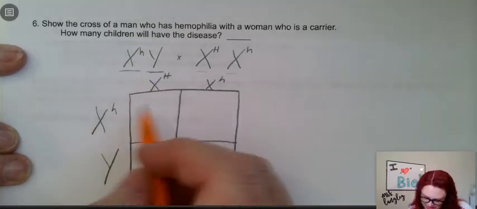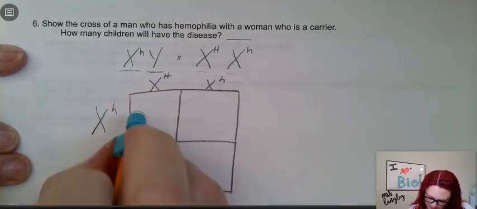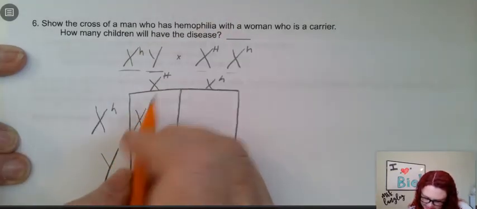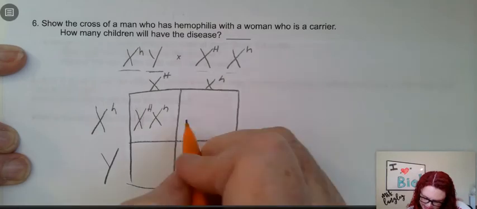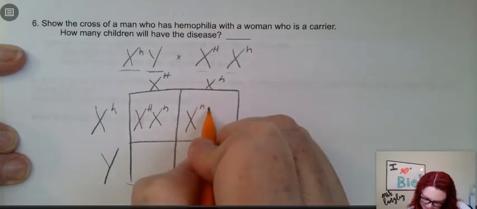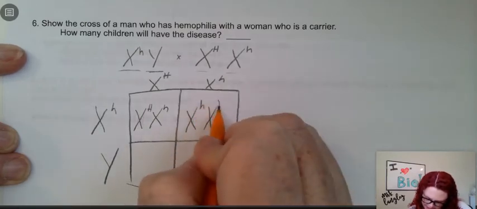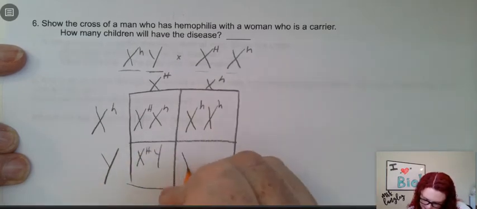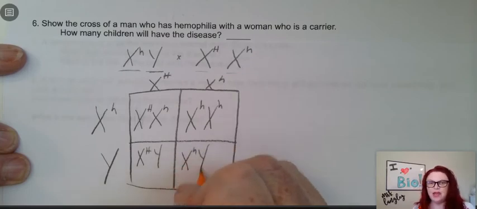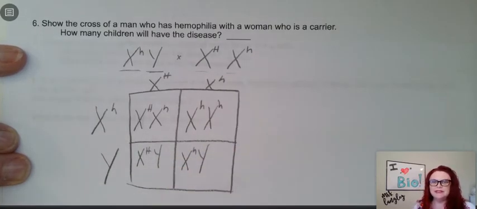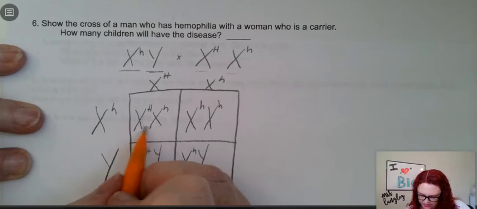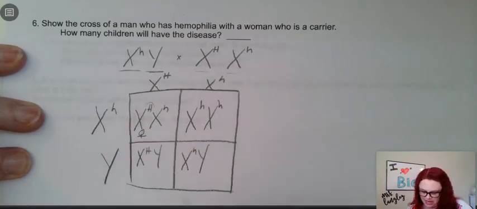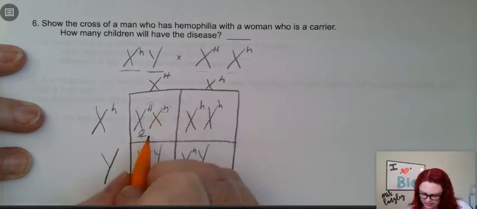So then when I bring them back together, gotta start with my X's. I have this. Okay. I look here, 2 X's. That means female. It does have one of the big ones. Okay. And it has a small one. That makes this a carrier.